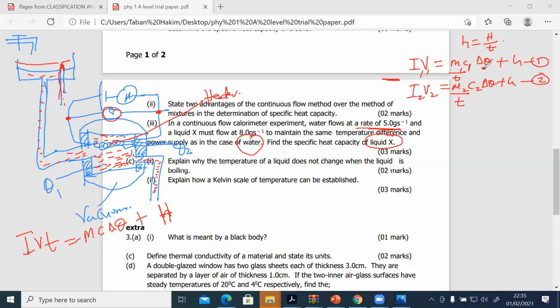So this temperature difference is the same for both of them, to maintain the same temperature difference and the power supply as in the case of water.